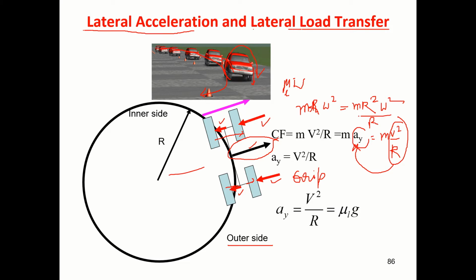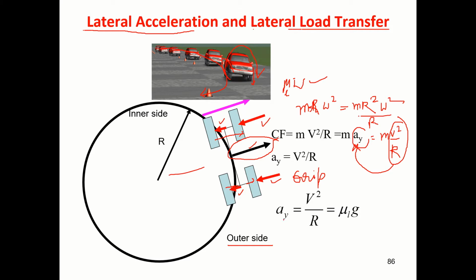If more load is acting on this, the force will also be large. So on the outer side, the wheels are more loaded. That's why the grip force magnitude is larger. On the inner side, grip force magnitude is smaller.